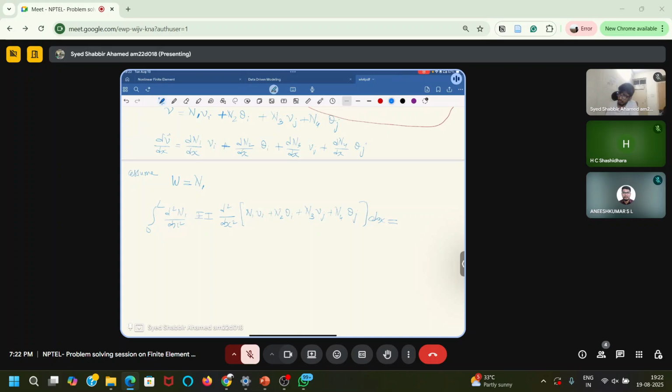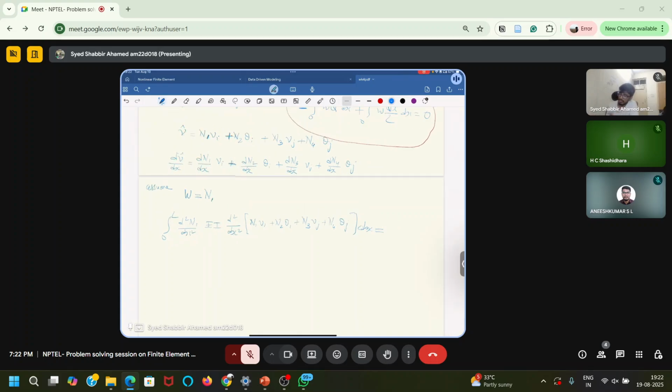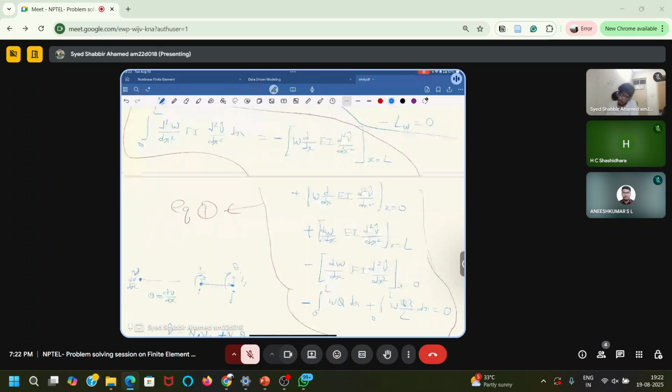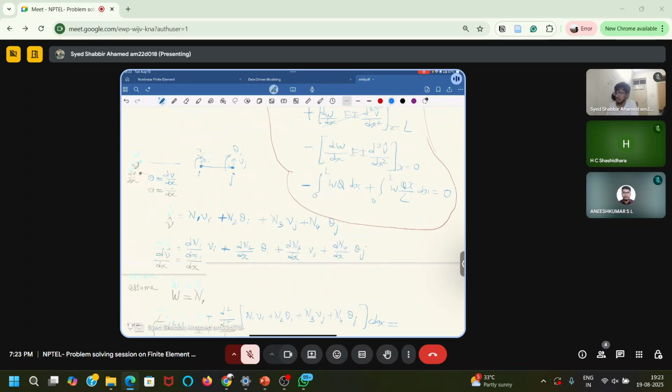There also you have to substitute W is equal to N1, and you will get something like N1 into d by dx of EI into d square v by dx square at x is equal to 0. After applying the boundary conditions, we said that these two terms should vanish because shear force and bending moment are 0. So we will be remaining only with the x is equal to 0 terms.